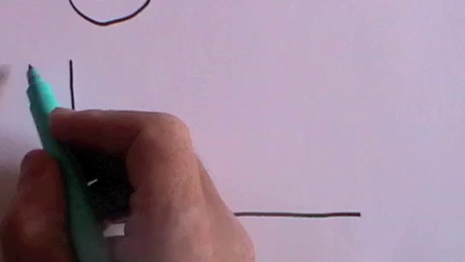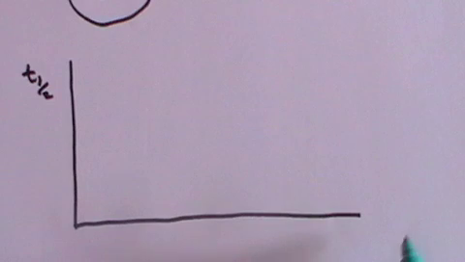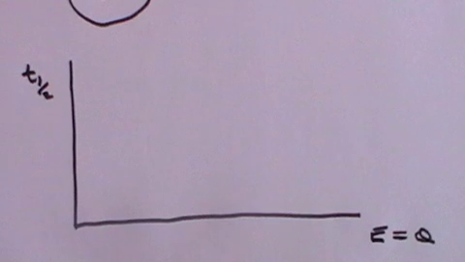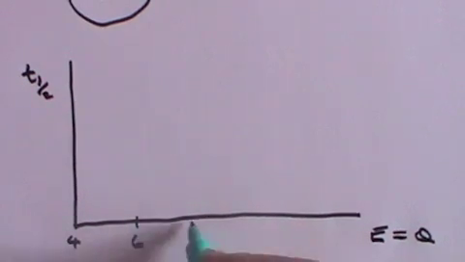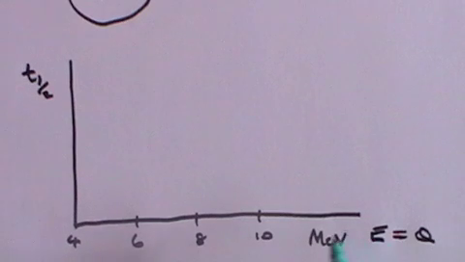If we plot, and this is experimental results here, the half-life of alpha decay against the energy of the alpha particle, which is, for all intents and purposes, Q. And we'll call this 4 MeV, 6 MeV, 8 MeV, 10 MeV. These are typically the values of the energy of emerging alpha particles from alpha particle decay.